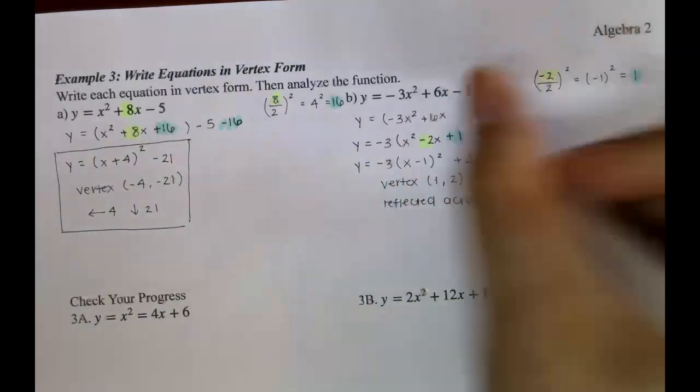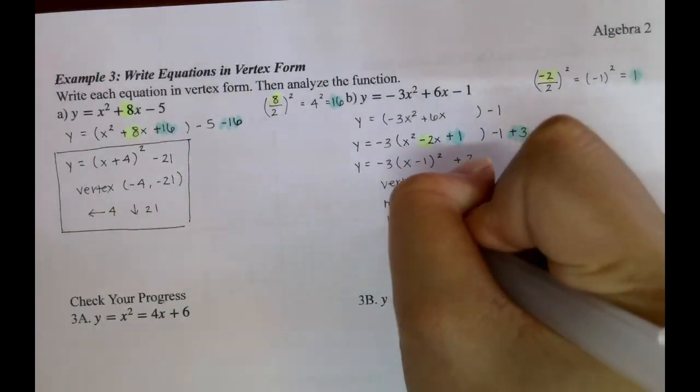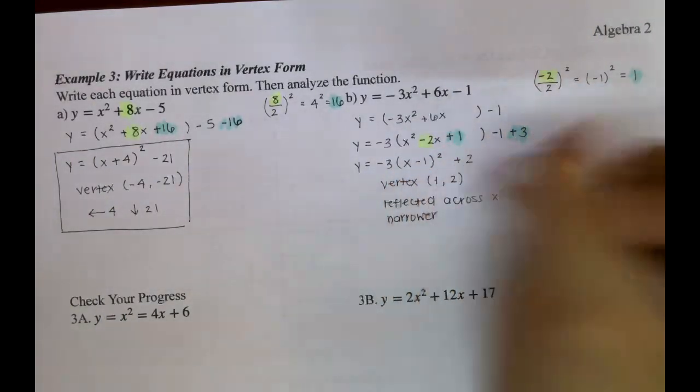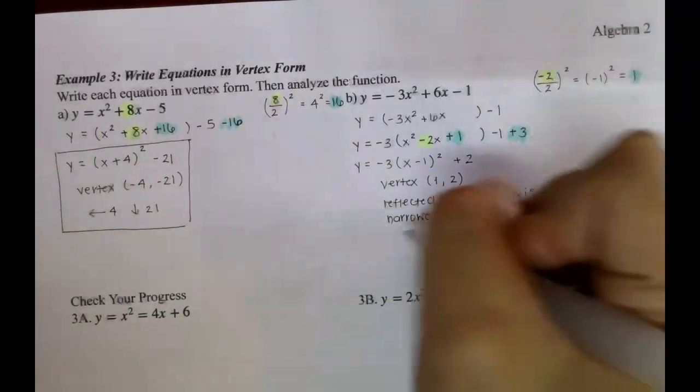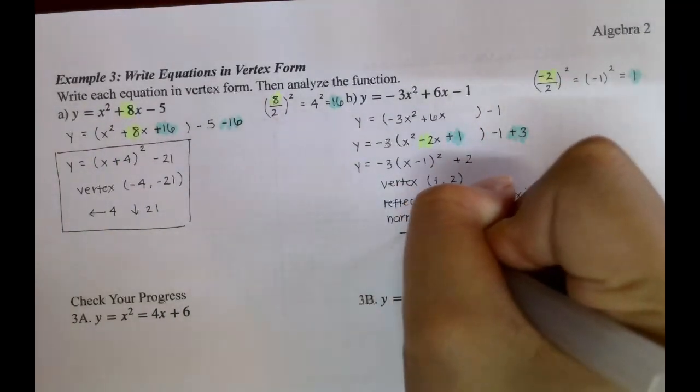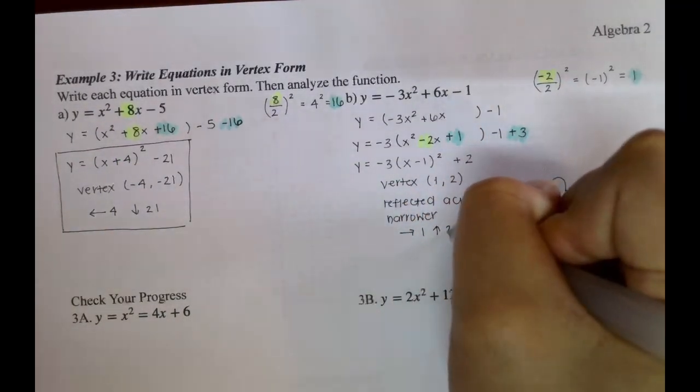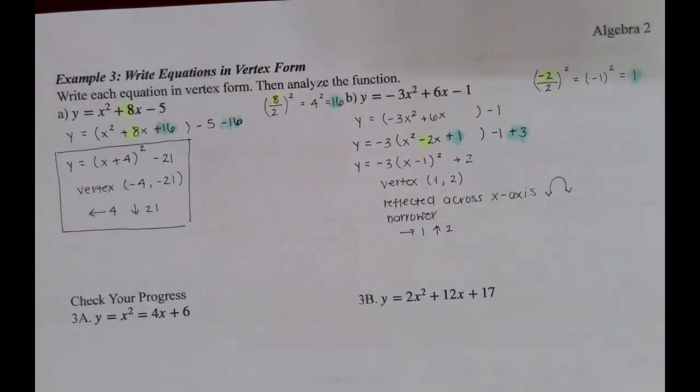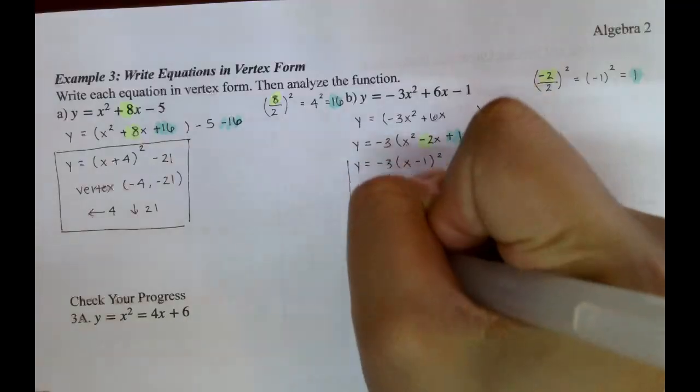Because this absolute value is greater than 1, it got narrower. Okay. And what we know is that I moved right 1 and up 2. So here you go.